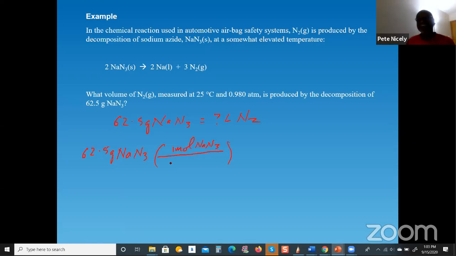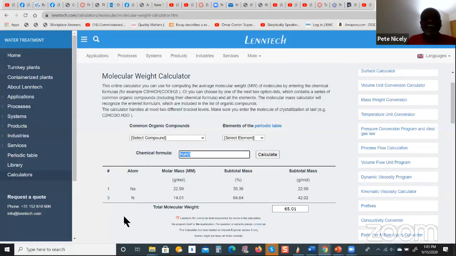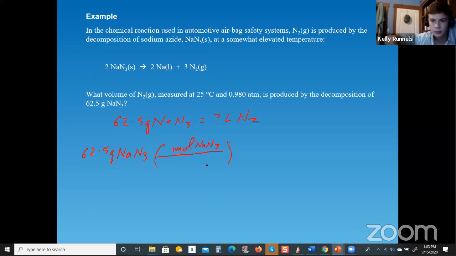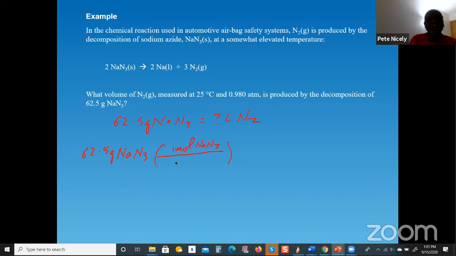Okay, now I forget, what was the molar mass I got? 65.01. Yep, 65.01. So I'm going to put 65.01 grams of sodium azide down here. The next step is the mole ratio between the sodium azide and the nitrogen.